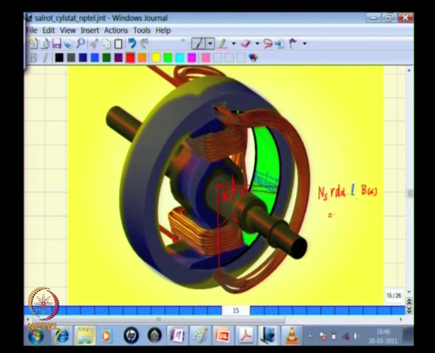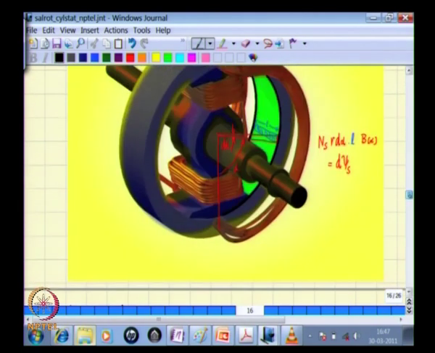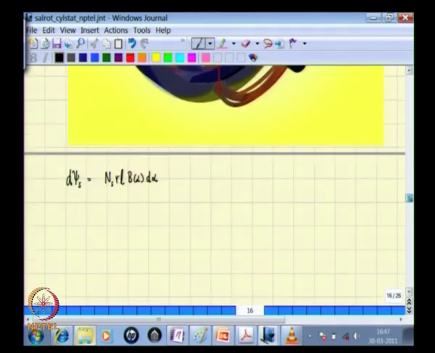So, this is an elemental flux linkage in the stator, given by the number of turns multiplied by r into L into B of alpha d alpha. That is the expression that we have written here.